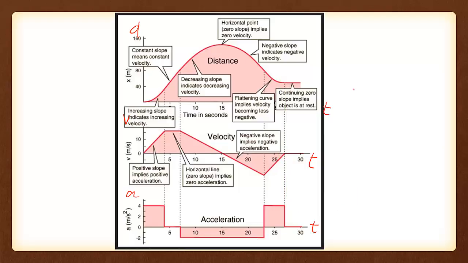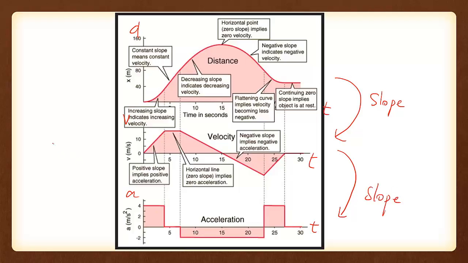Basically, when you convert from the distance time graph to the velocity time graph, you look at the slope of the distance time graph, and that will be the value of the velocity time graph. The same happens when you convert the vt graph into the at graph: you also look at the slope.